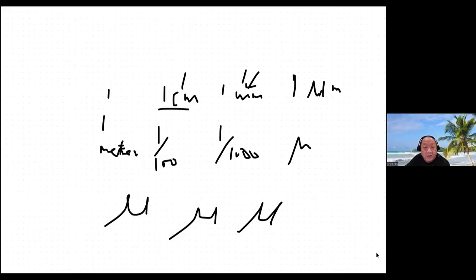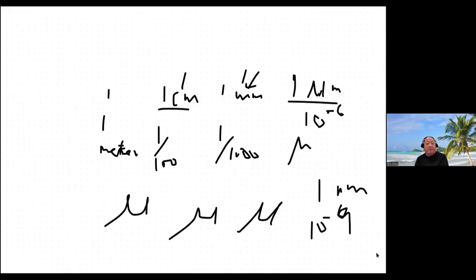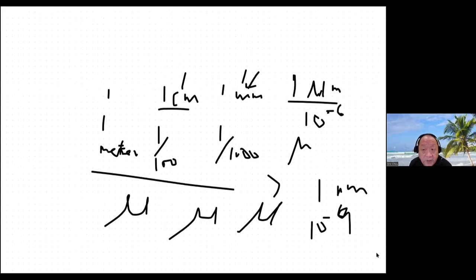Is that okay? And then 1 nanometer is 10 to the power -9. So these are very tiny numbers: 10 to the power -2, -3, -6, -9. You all need to remember these different numbers.